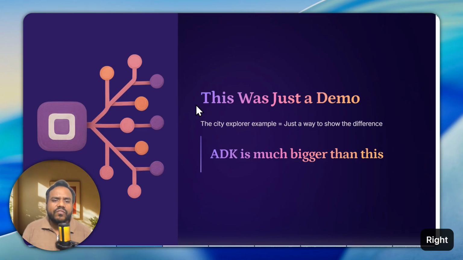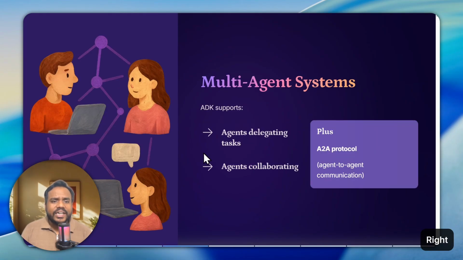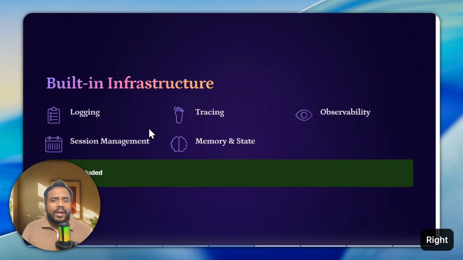It's a full agent framework. You get multi-agent orchestration where agents can delegate tasks to each other. You get the A2A protocol, that's agent to agent communication, so agents built in completely different frameworks can talk to each other. You get a plugin architecture for logging, tracing, and observability, and session management, memory, and state all built in.